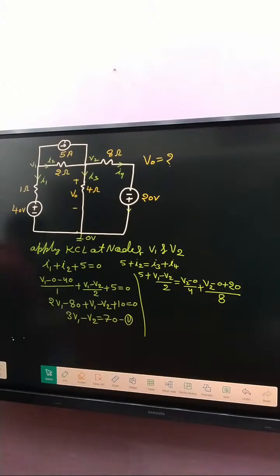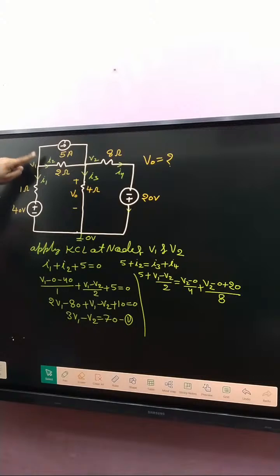Where is 0 in equation number 1? I1 plus I2, all are outgoing currents here. There is no incoming current at that node, all currents are outgoing.